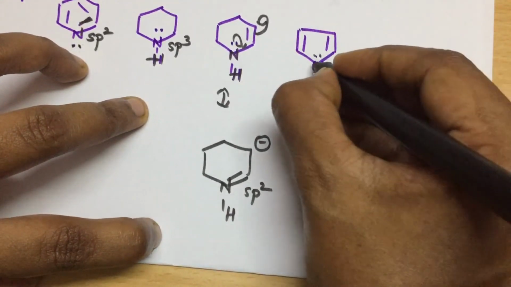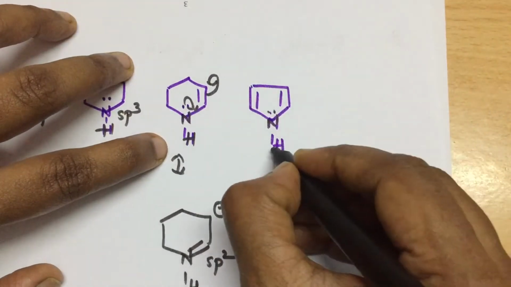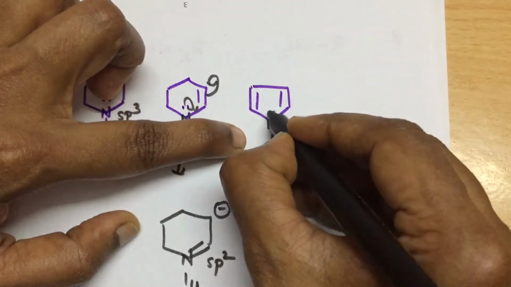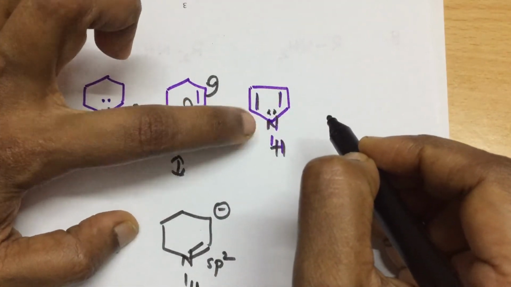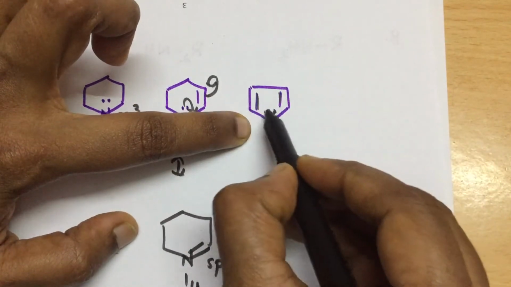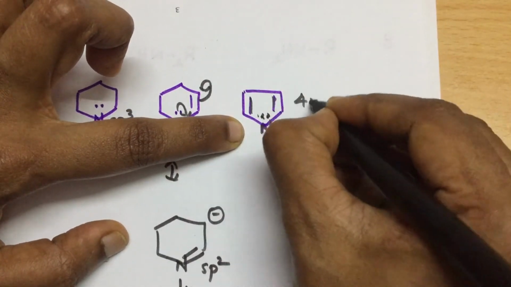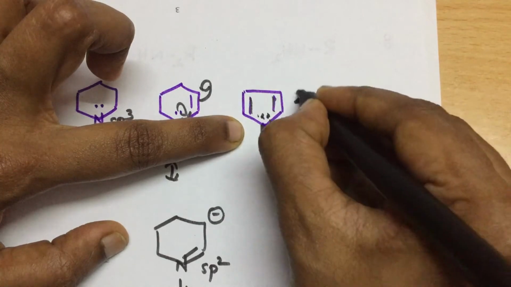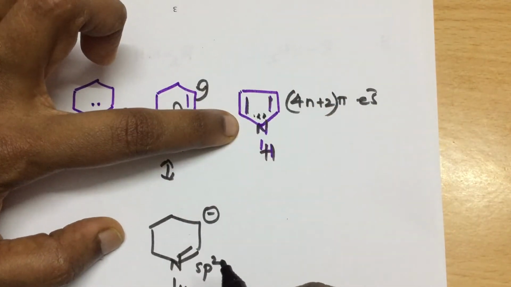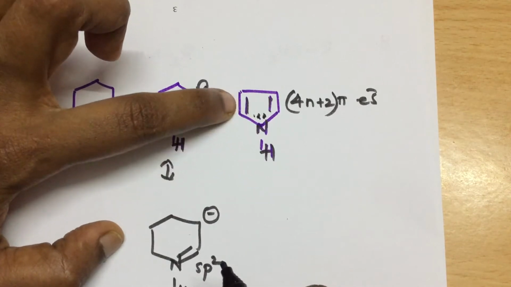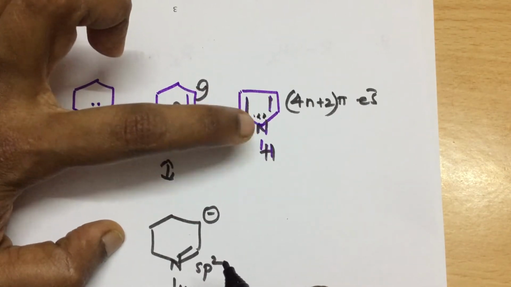And this nitrogen is very much peculiar. The nitrogen's lone pair is part of the aromatic system. 1 2 3 4 5 6, this is 4n plus 2 pi electrons. This is part of the aromaticity. These electrons are also counted in the aromatic system, so this will not at all be available.